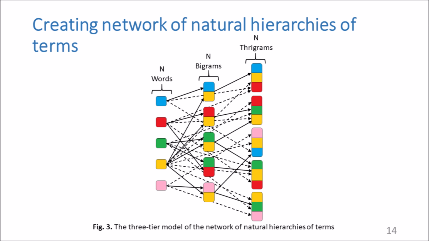Figure 3 shows the three-tier model of the network of natural hierarchies of terms. In this network, the links between the key terms are determined according to the rule: a word is a part of a two-term phrase or three-term phrase, and a two-term phrase is a part of a three-term phrase.